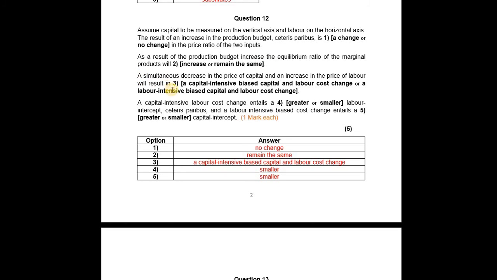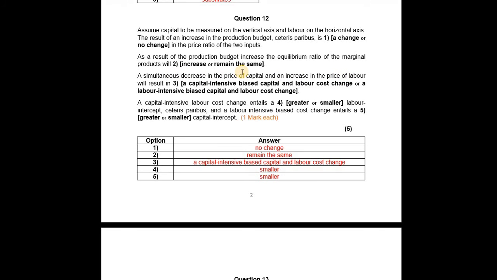And then it continues to say a simultaneous decrease in the price of capital and an increase in the price of labor will result in, okay, let's first look at this. Decrease in price of capital. This means that employing capital is cheaper at this point, and then an increase in the price of labor.